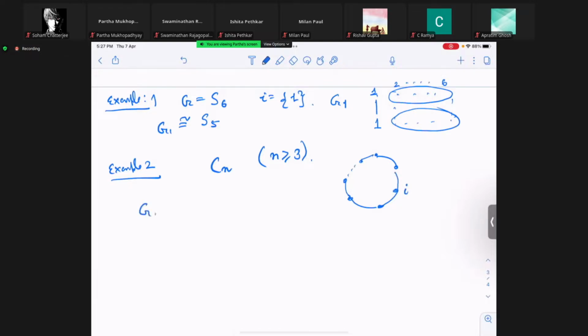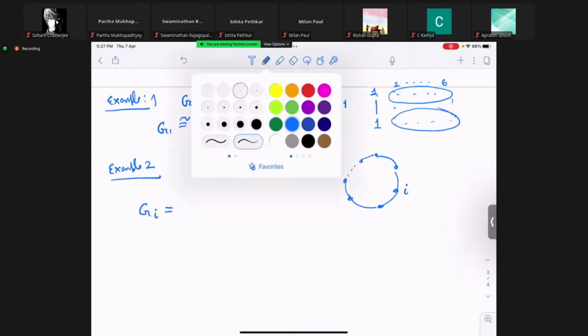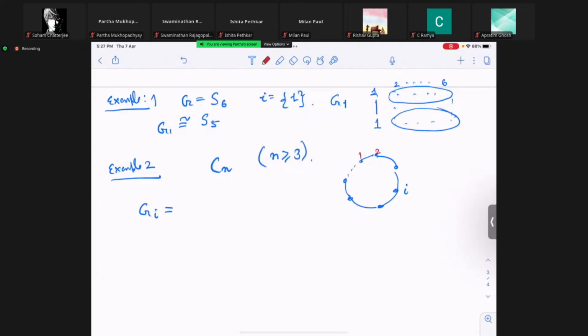What is G_i? This is a cycle on n vertices, with vertices 1, 2, maybe 3, and so on, and there are i minus 1 and i plus 1 here. I want to see the subgroup that fixes i. What is that subgroup?